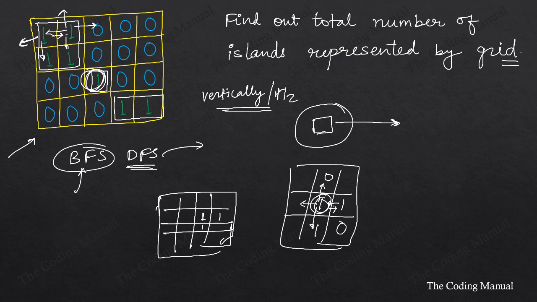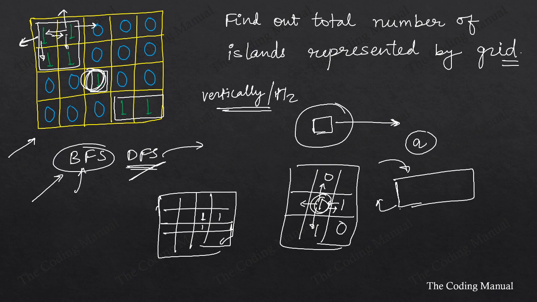And in BFS, as we all know, BFS primarily uses a queue. Whenever there is a DFS, we will primarily think of stack or recursion, but whenever there is a BFS, we normally use a queue. What happens in a queue is you put things in the queue and pop from the left.